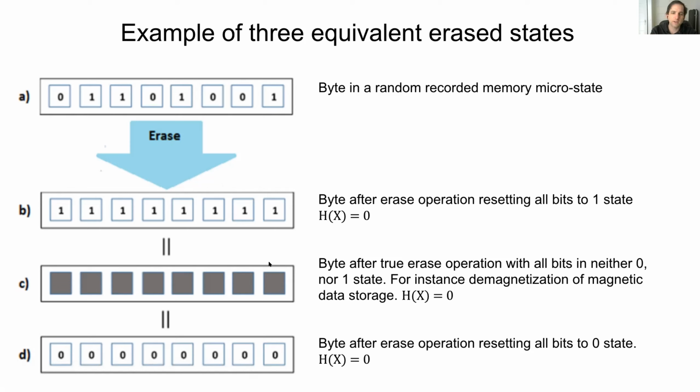In this case you're making a physical change to some property of a magnetic system.